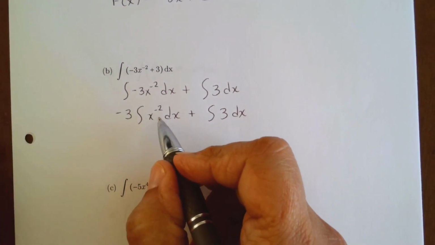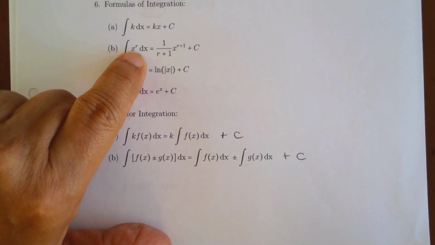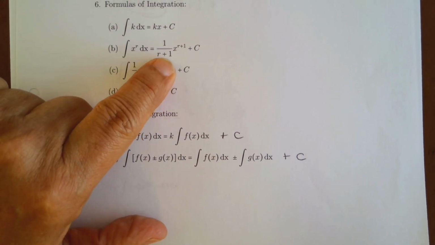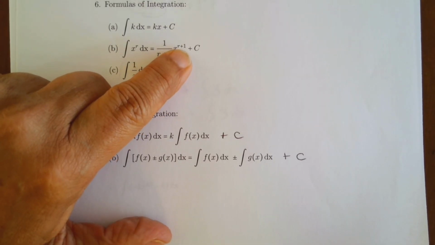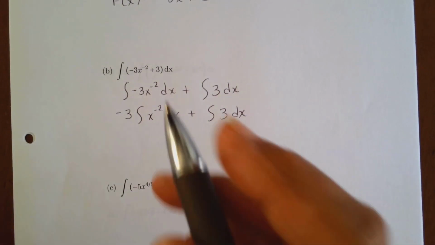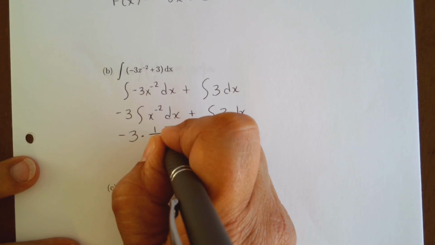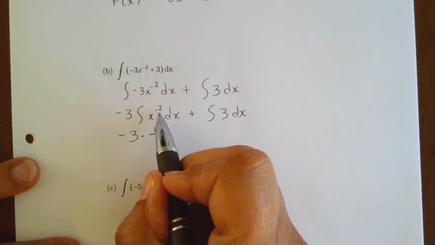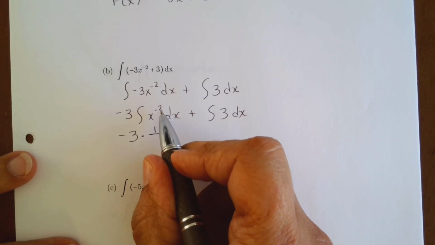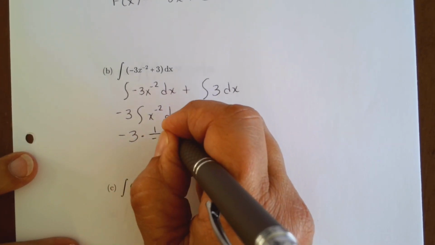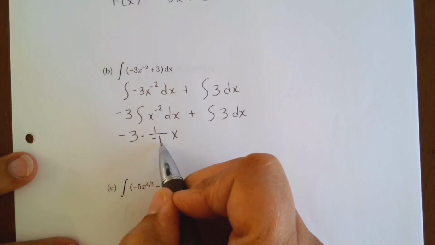So what is the rule for x raised to some power? Okay. So we're going to do 1 over the exponent plus 1, and then times x to the exponent plus 1. So negative 3 stays there, times 1 over, we're going to add 1 to this. So negative 2 plus 1. Negative 2 plus 1 is negative 1. And then x raised to whatever this is, that's what you're raising x to that power.